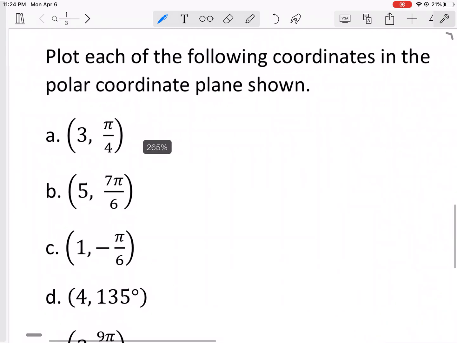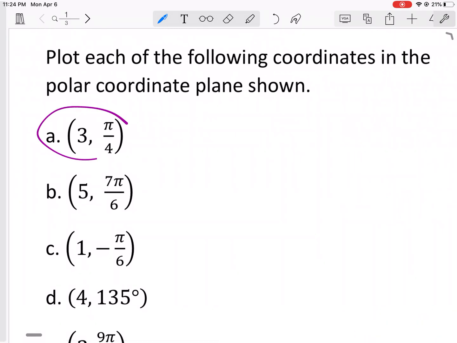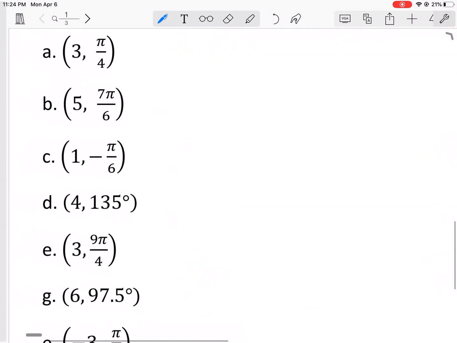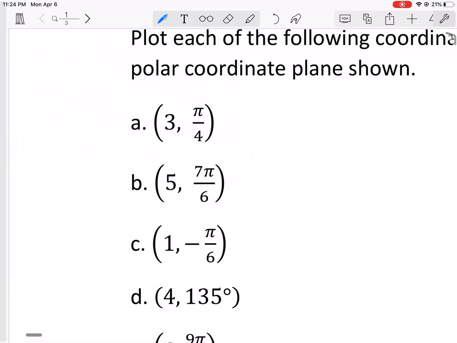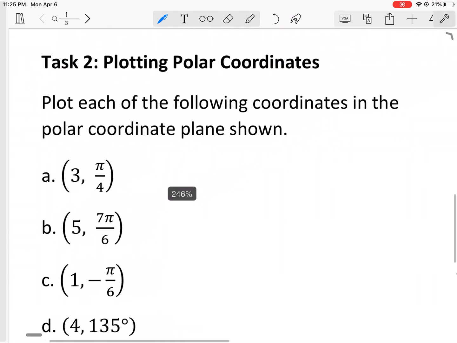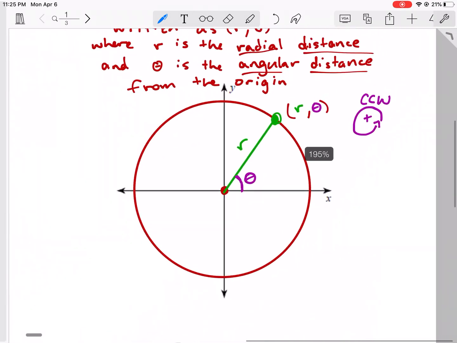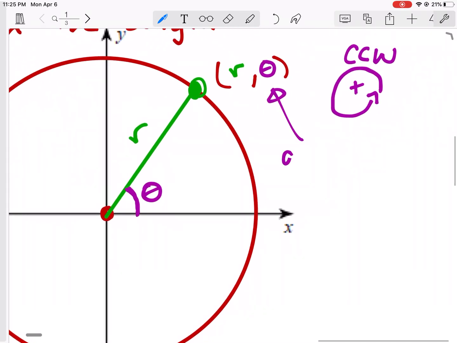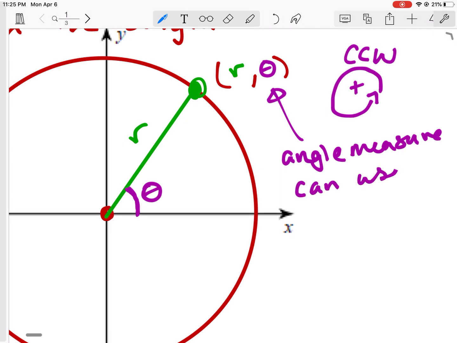All right, so this first one, plotting the point 3, pi over 4. The value 3, that's our radial distance, and pi over 4 is our angle. Key thing is, if we were to rewind back up here, this theta value, because it's an angle measure, can be written in degrees or radians.